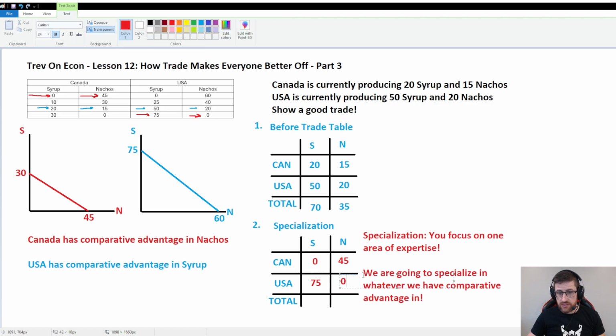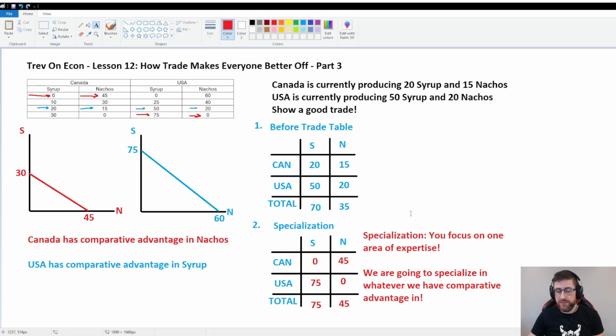Now again, we're going to quickly take our totals. Okay, so we've got 75 here, and we've got 45 here. Now, I'm going to make a big warning here.